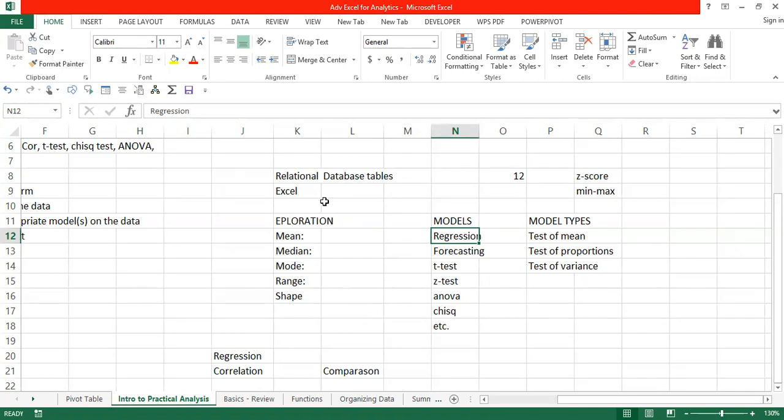Before we talk about Excel specifically, there are some topics that are very important as far as analytics. When you want to do analysis in Excel, there are some topics that are really important, which you should have at your fingertips. Number one, pivot tables.